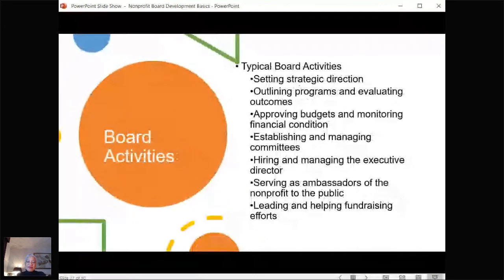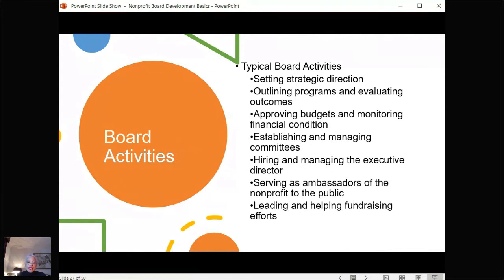Typical board activities include setting strategic direction, outlining programs, and evaluating outcomes. So they're not necessarily designing the programs, but they're expressing the desire of what they want those programs to achieve. They are approving budgets and monitoring the financial condition.